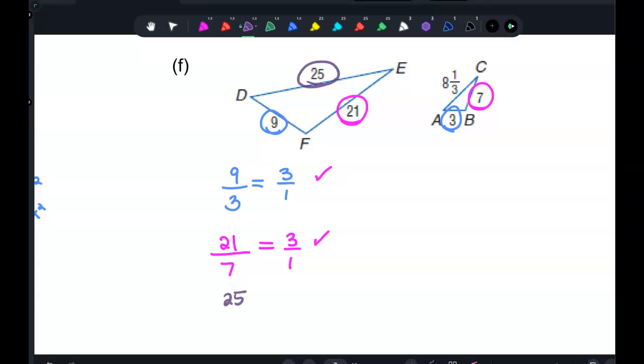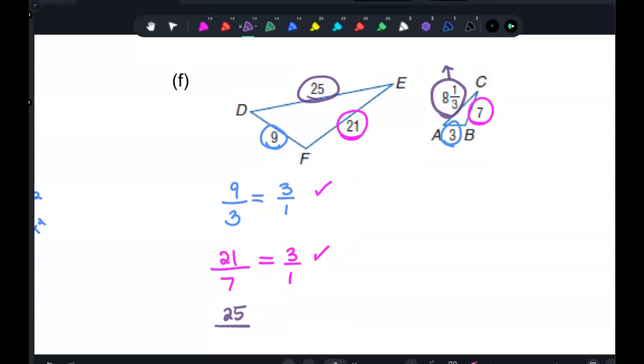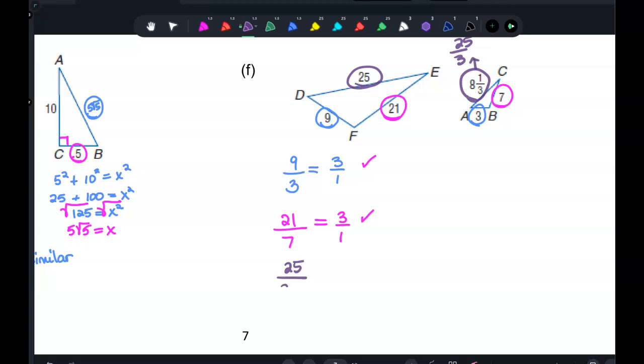So we'll compare 25 to 8 1/3. I'm going to rewrite 8 1/3 as an improper fraction. That will be 8 times 3 plus 1, so that'll be 25/3. When I put this over 25/3, I can multiply by the reciprocal, and notice we get 3 to 1 again.